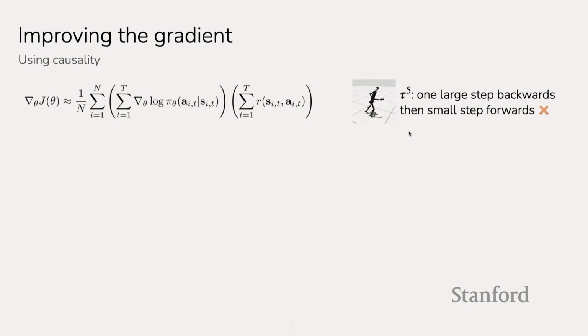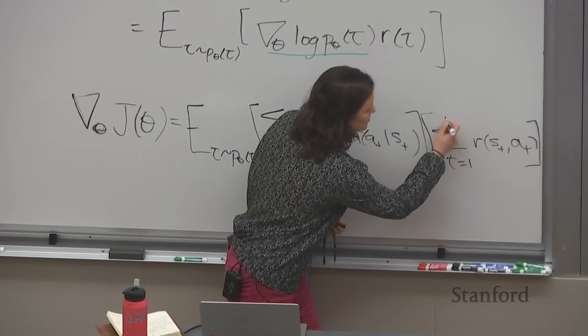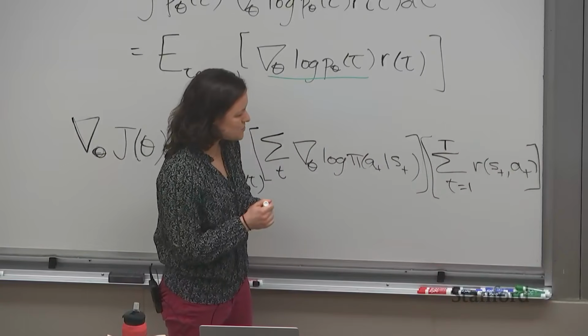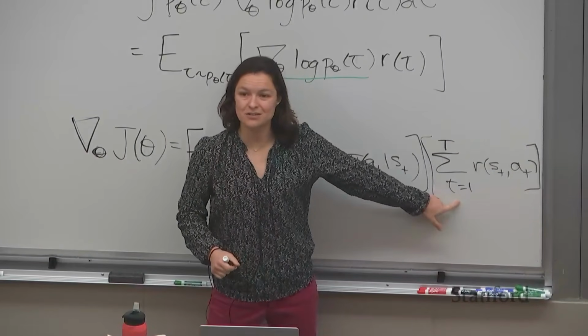And the way that we can do that is instead of having this be a sum from t equals 1 to t, we can actually have this summation start at t.